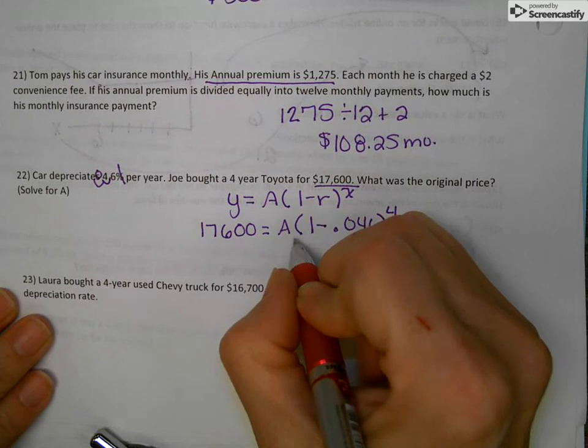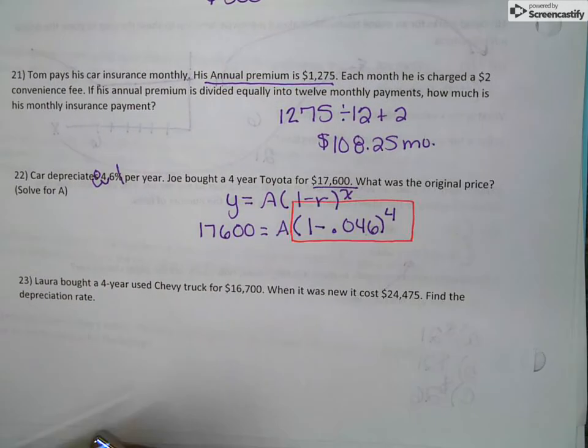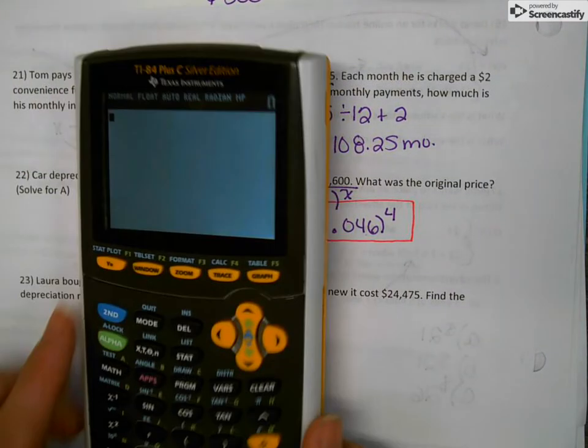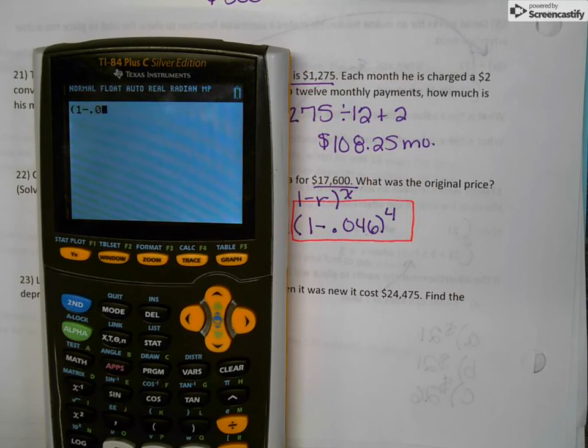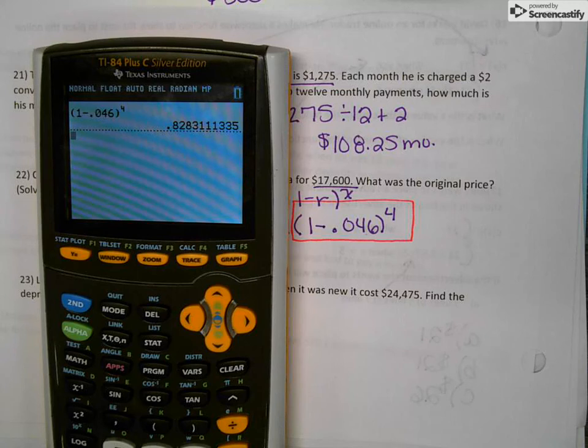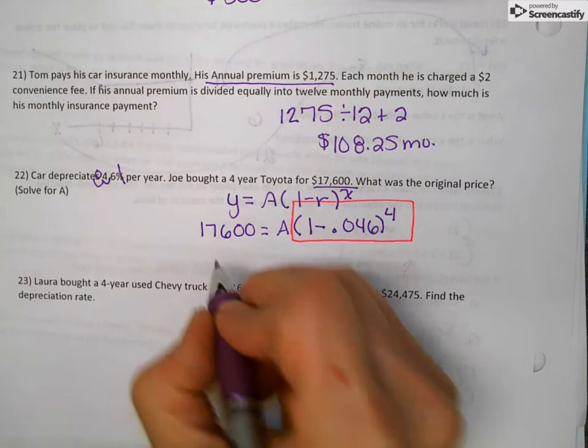Then I'm going to put this into the calculator, just like that. So I've got parentheses 1 minus 0.046 raised to the 4th power. I'm going to say everything in dollars and cents when we're dealing with decimals, to the nearest penny, and I've got 83 cents.